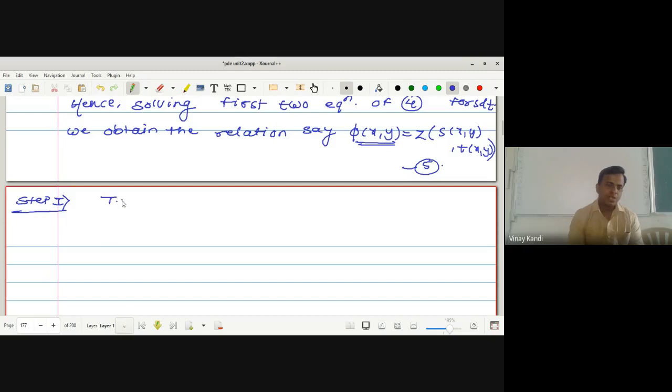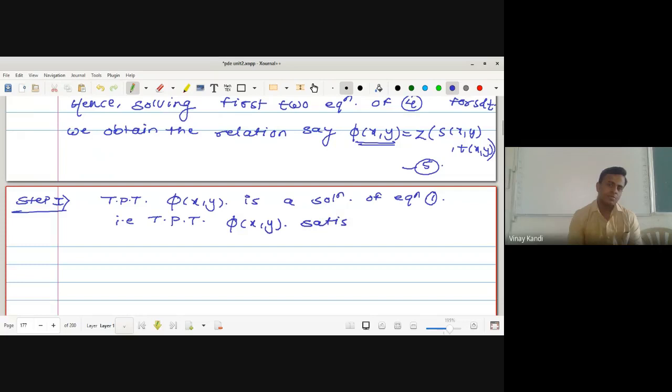Step number 1, to prove that phi of x, y is a solution of equation 1. Okay, that is to prove that phi of x, y satisfies equation 1.